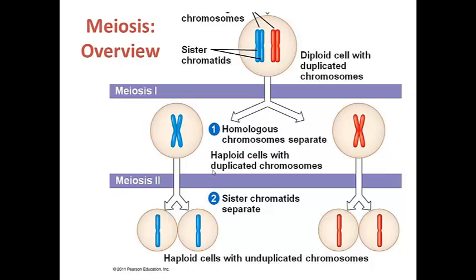Now, through the process of meiosis, we first separate the homologous chromosomes, then we separate the sister chromatids. So we actually end up with 4 haploid cells, so they each contain only half of the information of the original parent cell. They each contain only the information from one homologous chromosome.